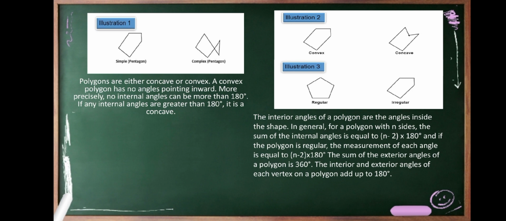And if the polygon is regular, the measurement of each angle is equal to (n - 2) times 180 degrees divided by n. The sum of the exterior angles of a polygon is 360 degrees. The interior and exterior angles at each vertex of a polygon add to 180 degrees.